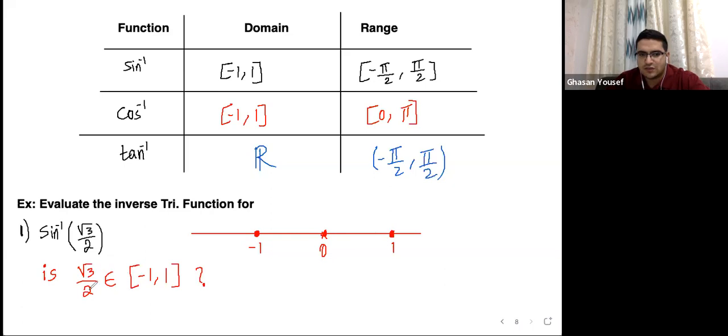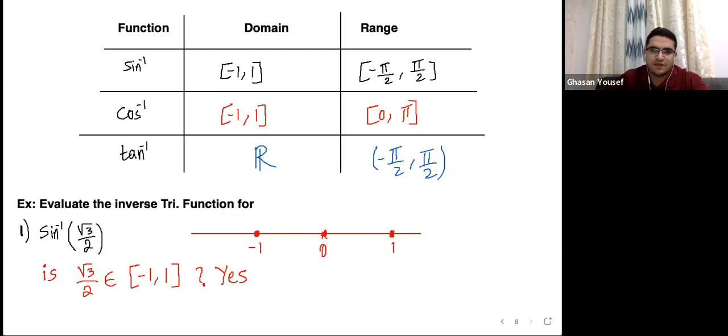Is the square root of 3/2, which is close to 1/2, between -1 and 1? The answer is yes, correct. So if the answer is yes, I can find the value of the sine inverse. This is the first step you have to check.